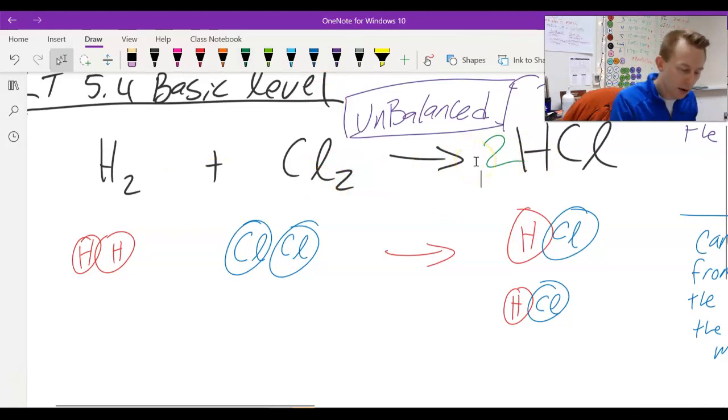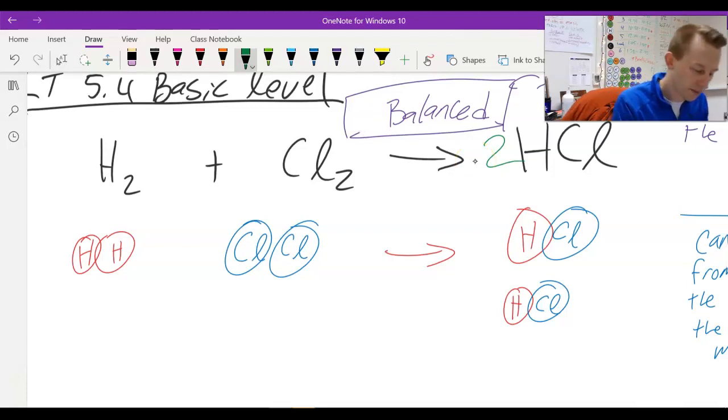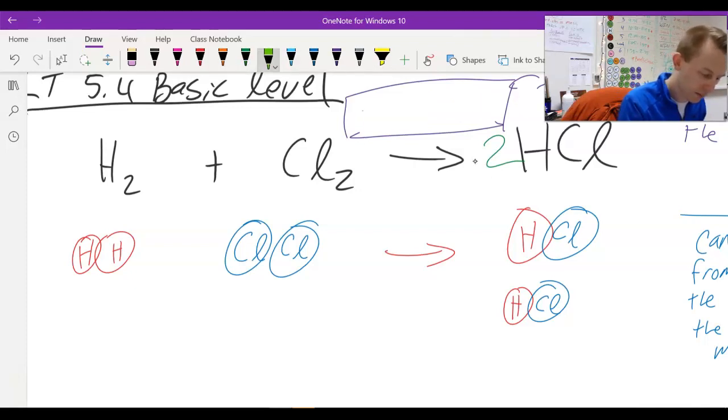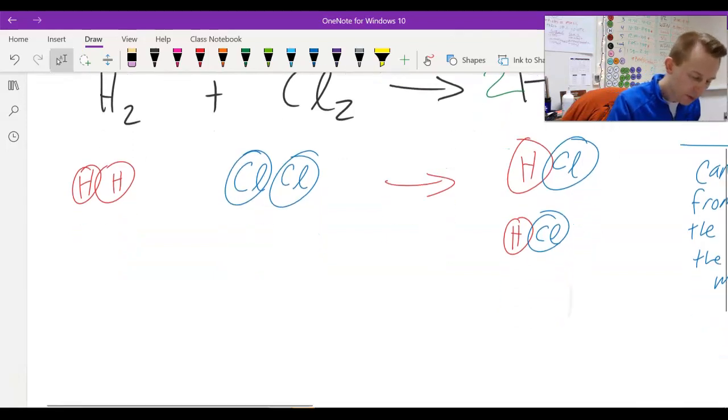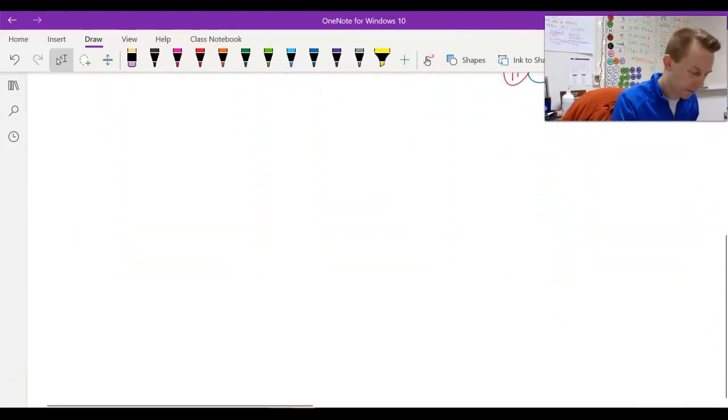Now I would want to go back in and switch this and say that this is now balanced. It's balanced if you have the same amount of atoms on the left and on the right. I'm going to do two more examples here to help illustrate this idea.